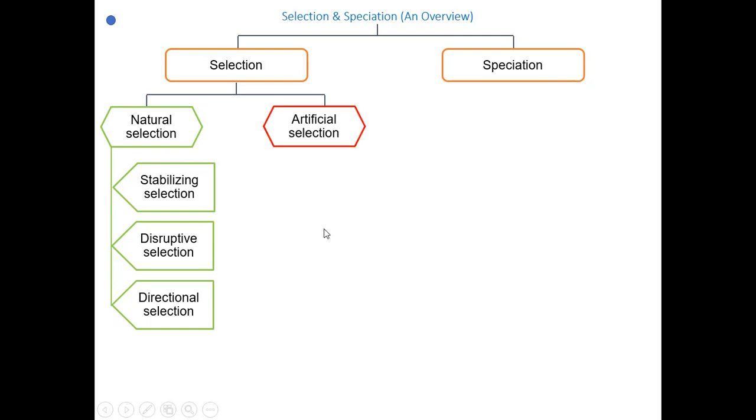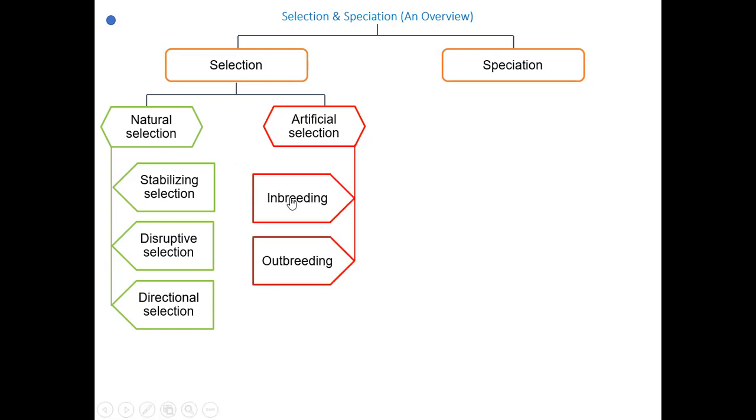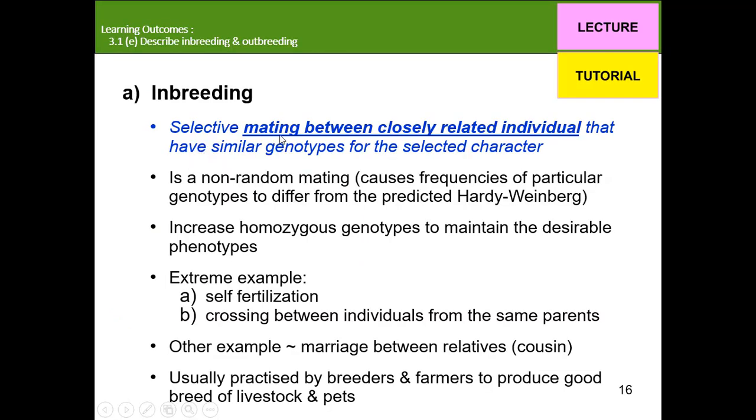Okay, next selection is artificial selection, divided into two: inbreeding and outbreeding. Inbreeding is selective mating between closely related individuals that have similar genotypes for the selected character.